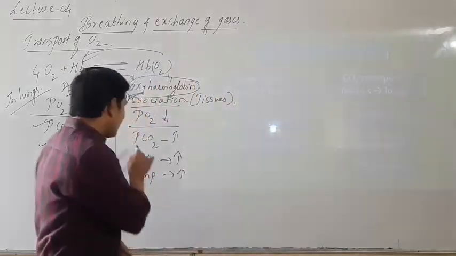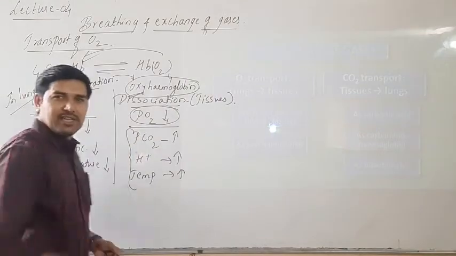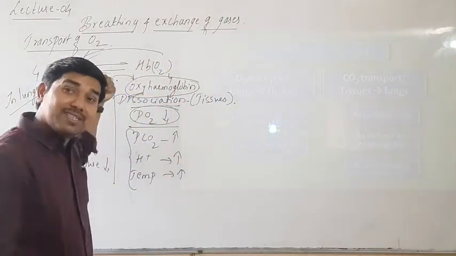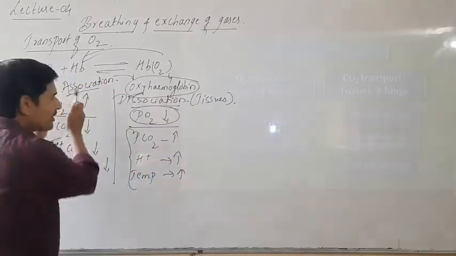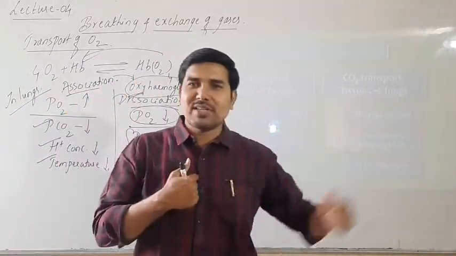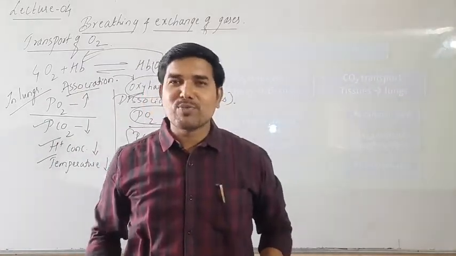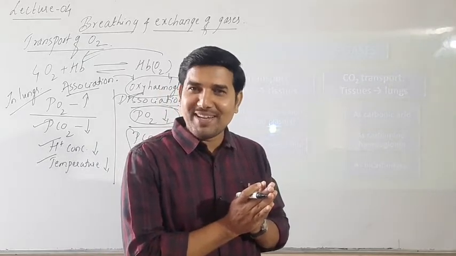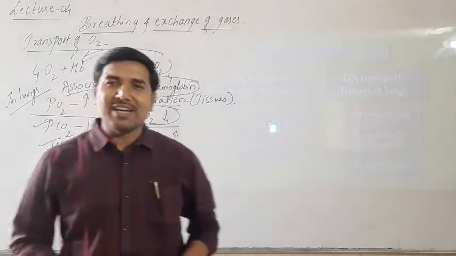So higher the concentration of these three, and lower the concentration of oxygen, it leads to dissociation of oxyhemoglobin into oxygen and hemoglobin. This occurs in the tissues and association occurs in the lungs. Association, dissociation, association, dissociation. It is a continuous process until you take your last breath. So that is the process of association and dissociation.